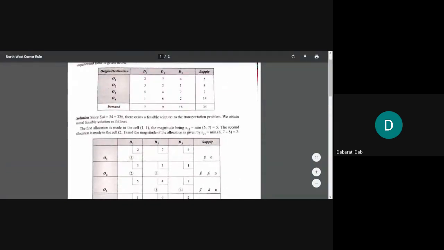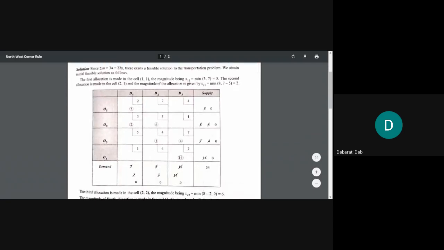Now see, first you draw this table. All of you follow me and draw this table. Draw slightly big boxes, having 5 columns and 6 rows.